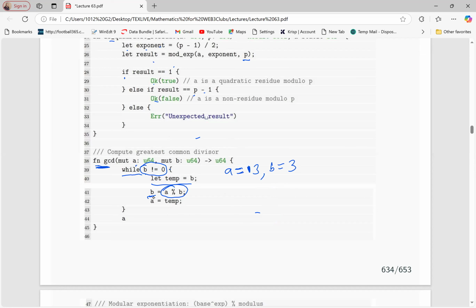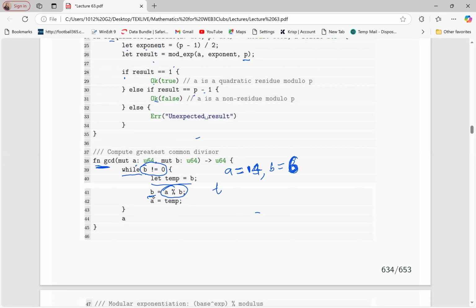So I want to find the GCD. Or let me use numbers where the GCD is not 1, like 14 and 6. This will give us a good exercise.